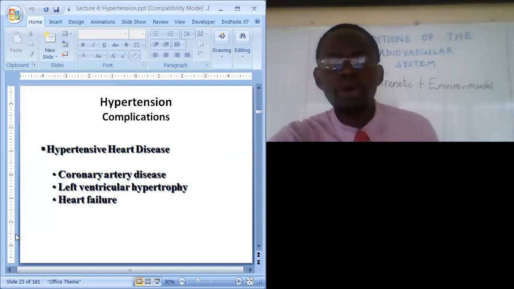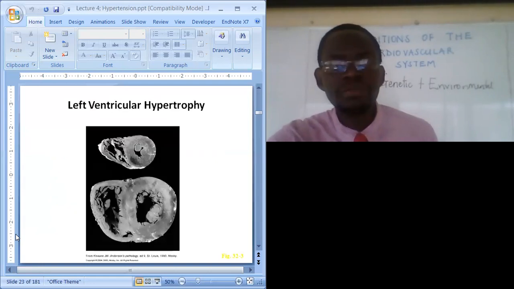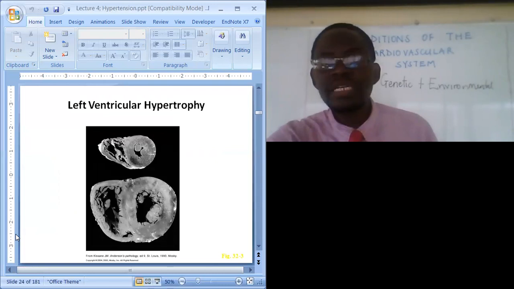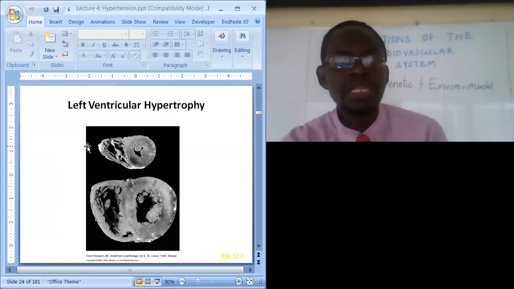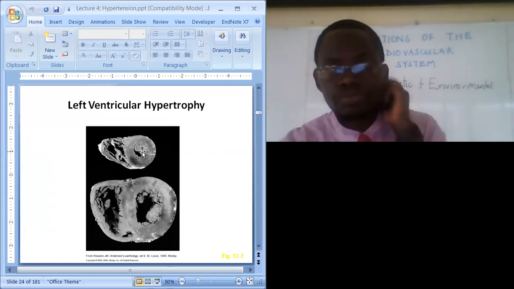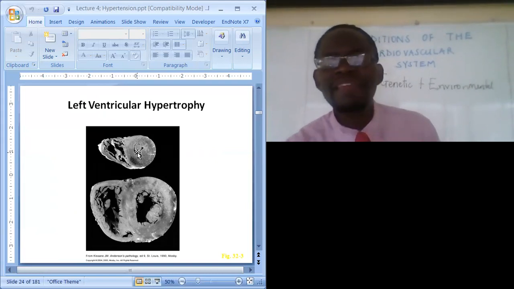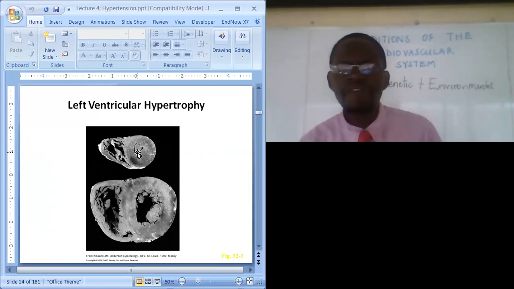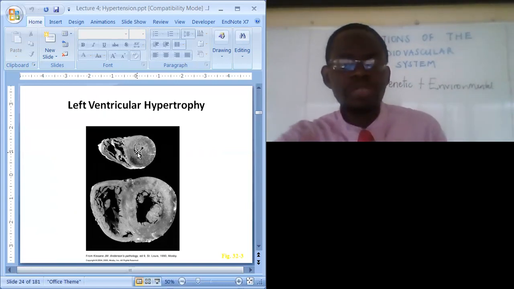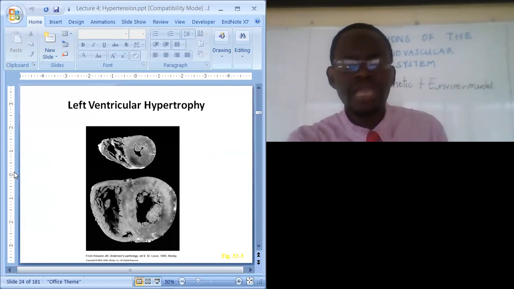All these might be complications of hypertension. As you can see, that is the left ventricle, which is hypertrophied. In other words, the lumen, the space where blood has to fill, is very small because of this problem.